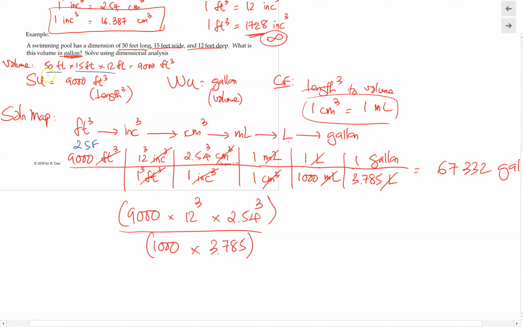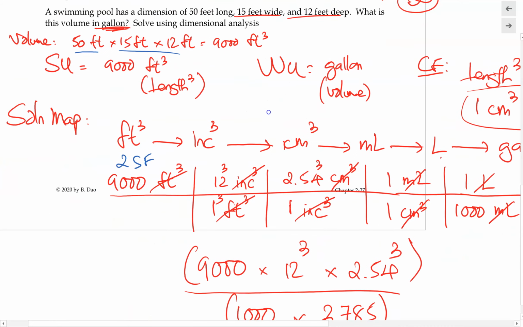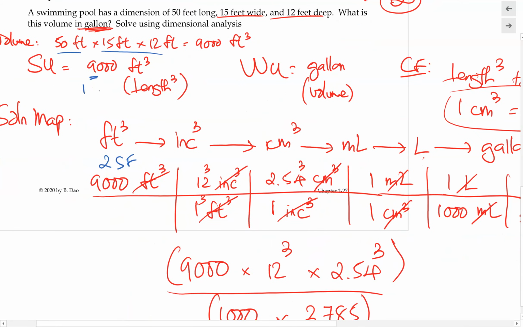In this case it actually has one significant figure, because this 50 feet, based on the way it is written, has only one significant figure. Perhaps we should have put a decimal here to make it better, but in the way it is written right now, with no decimal point, this volume will have only one significant figure.